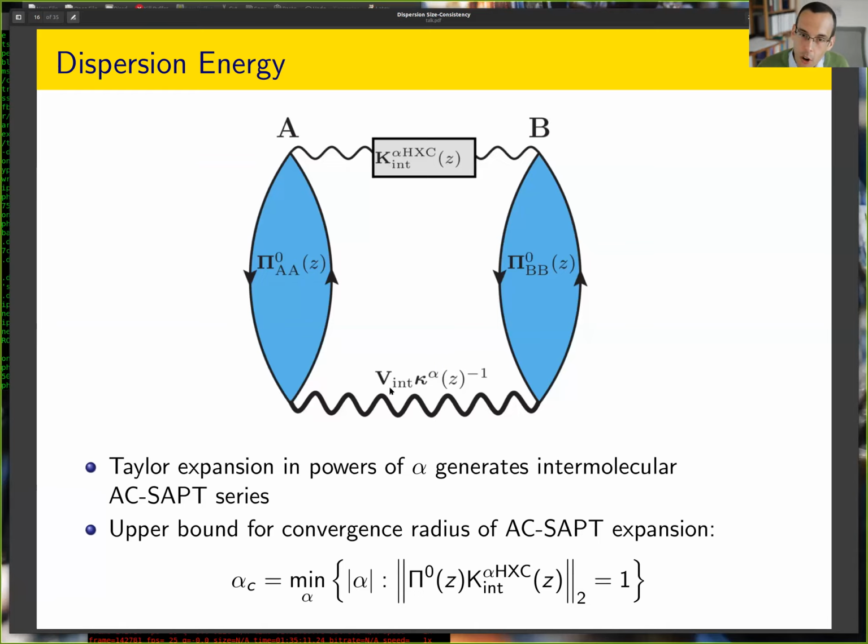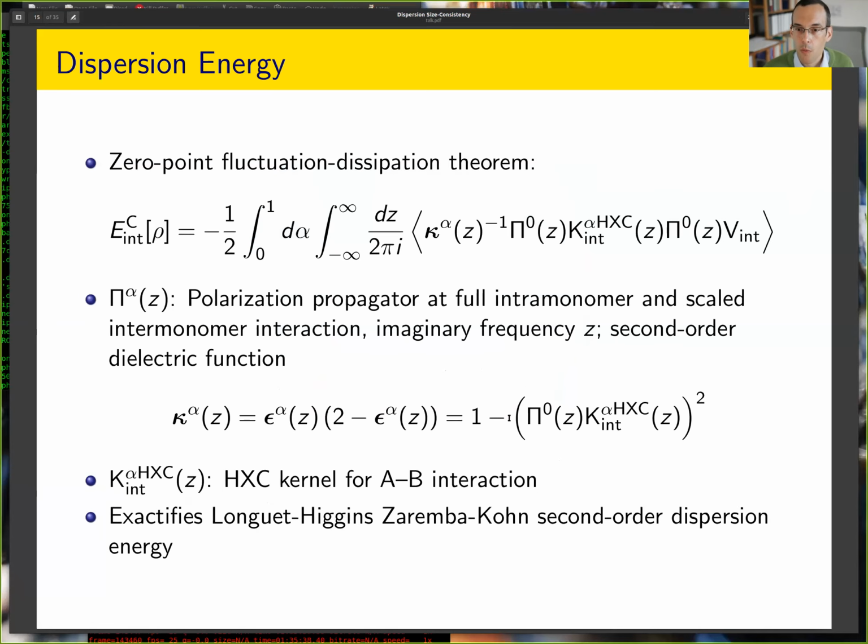And we can now go back and re-expand this and then see what happens in the limit of small alpha, where we recover the perturbation theory. One really nice thing is we can actually derive an upper bound for the convergence radius of this expansion, simply by noting that this is a geometric series here, this kappa expansion, because kappa is 1 minus something, right?